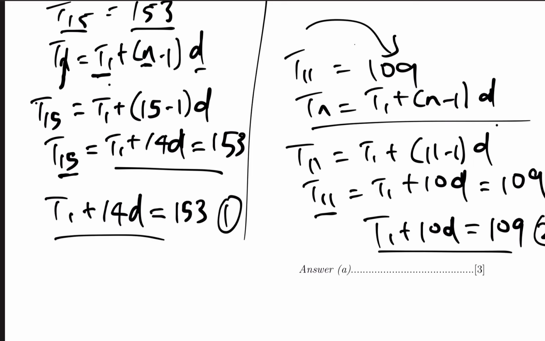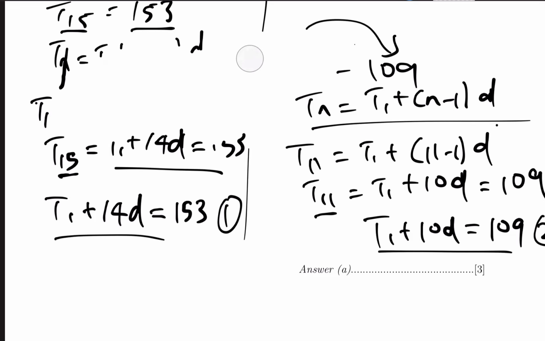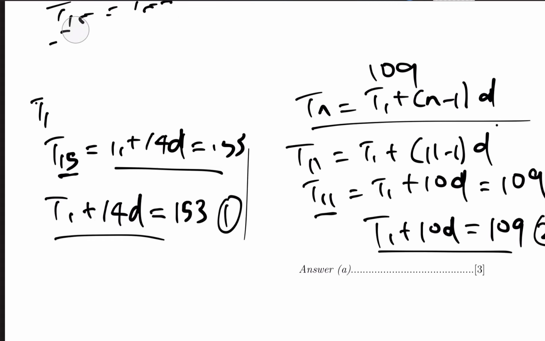So what we're going to do now, because we're only looking for T1 and d, and these are simultaneous equations, we're going to use one of the concepts of solving simultaneous equations to find the T1 and the d. Okay, so I'm going to erase here so that I can write our two equations.